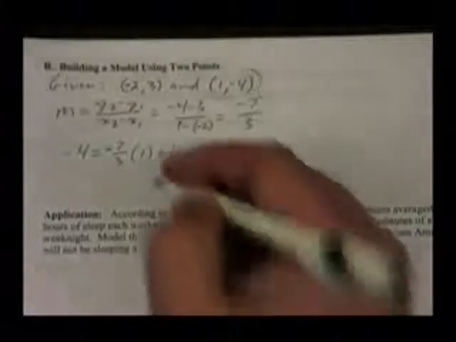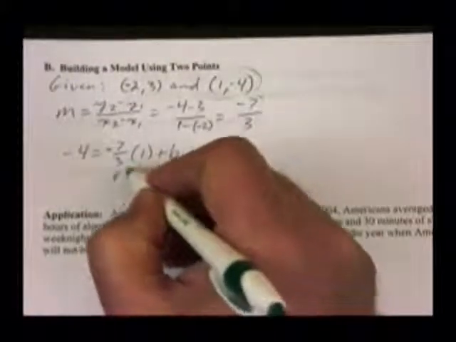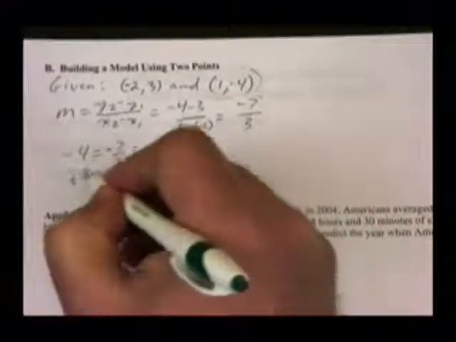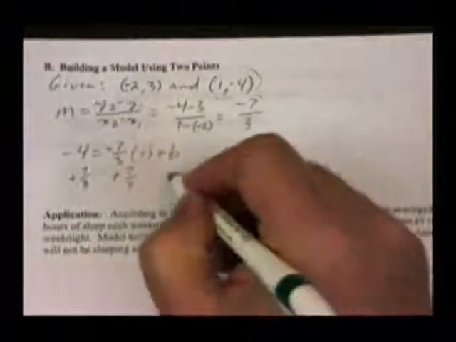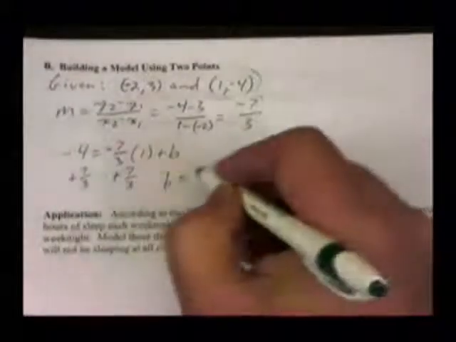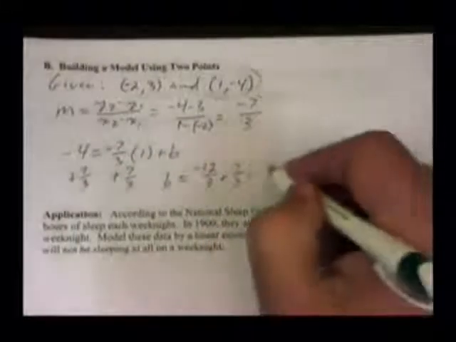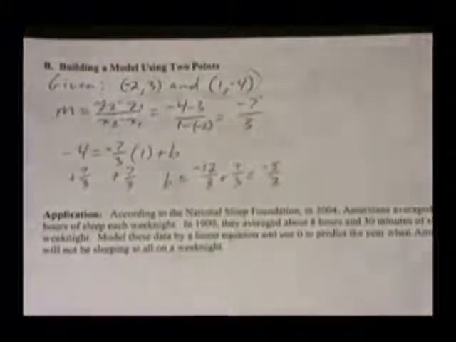And now I can solve for b. So negative 7/3 times 1 is negative 7/3, so I'm going to add 7/3 to both sides. So b is going to be equal to negative 4. I'm going to change that into thirds, so that would be negative 12/3 plus 7/3 gives me negative 5/3. Alrighty. And so my equation for my line is y equals negative 7/3 x minus 5/3.